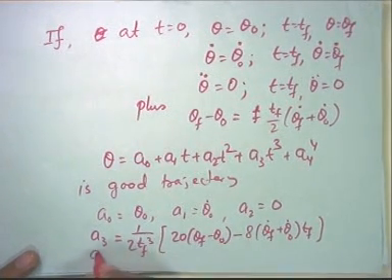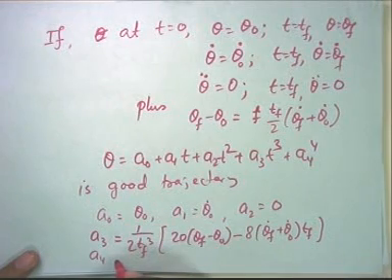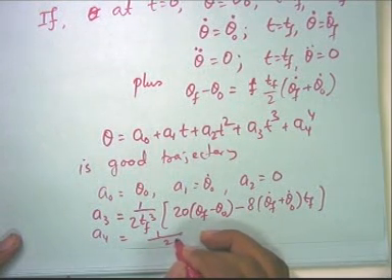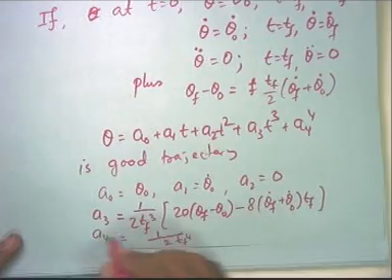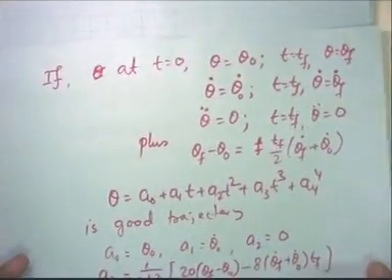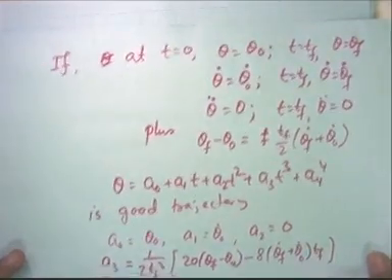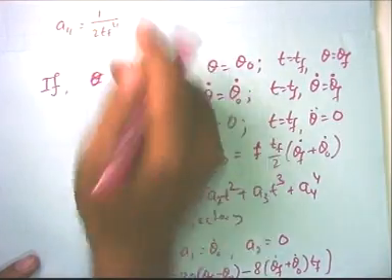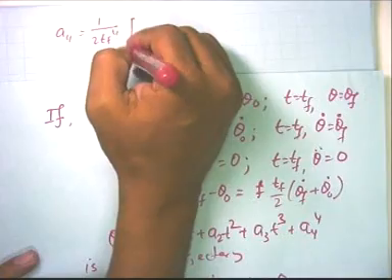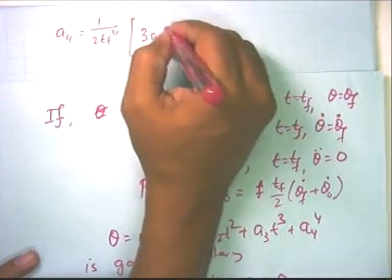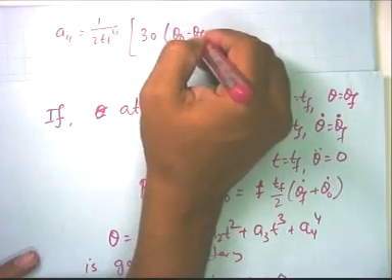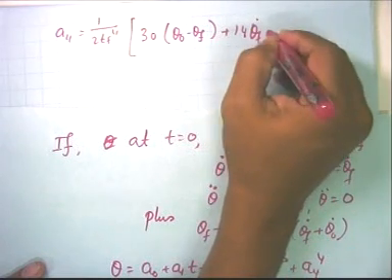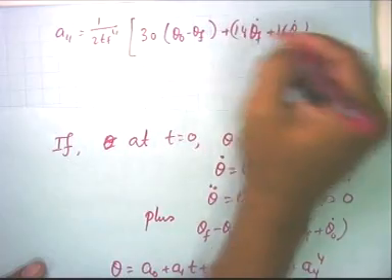And similarly, a 4 can be calculated as 1 over 2 T f to the power 4 times 30 theta 0 minus theta f plus 14 theta f dot plus 16 theta 0 dot into T f.